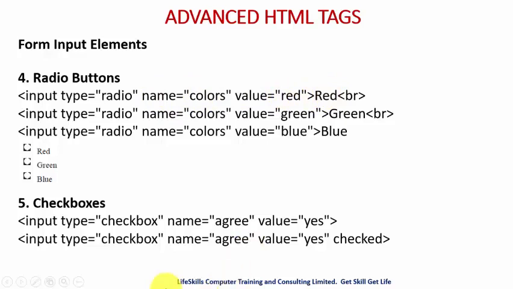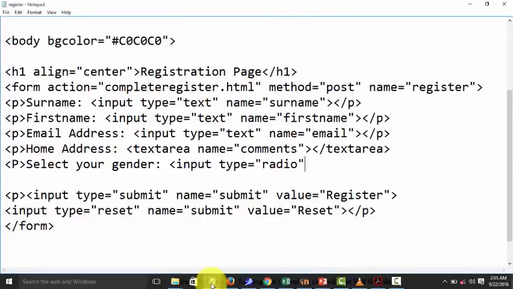So knowing that now, you can go and say name equals to, I'm already on Notepad now, name equals to gender in this case. So I give it a name called gender.